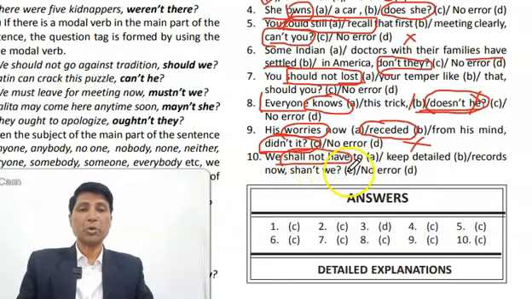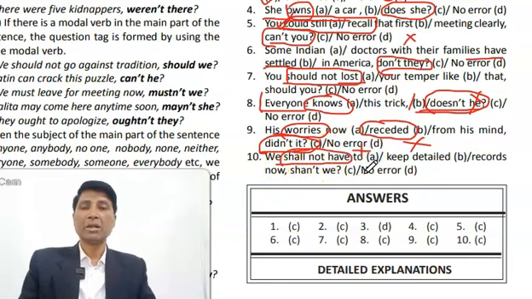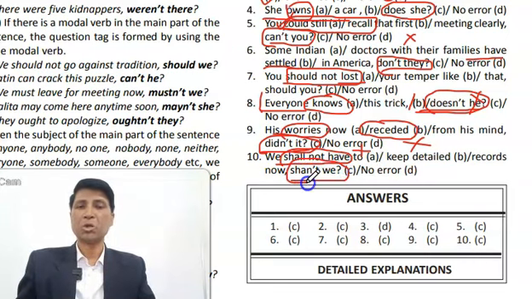So we should not, but here you can see the main part is negative, and you know it very well that if the main statement is negative, the question tag should be positive, and if the main statement is positive, then the question tag should be negative. So here the question tag is wrong. It should be positive. So in place of shan't we, it should be shall we, because the main statement is negative.